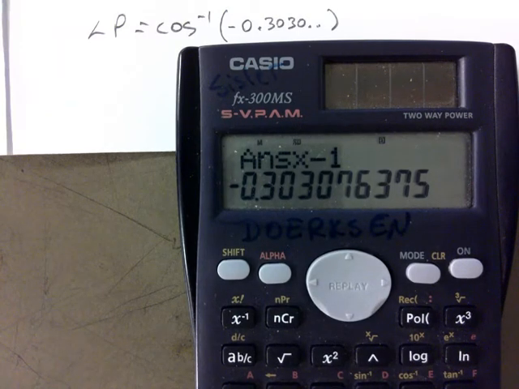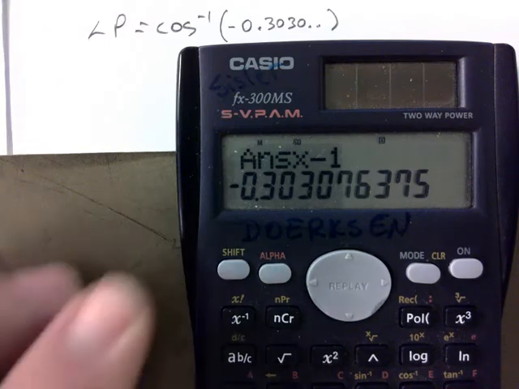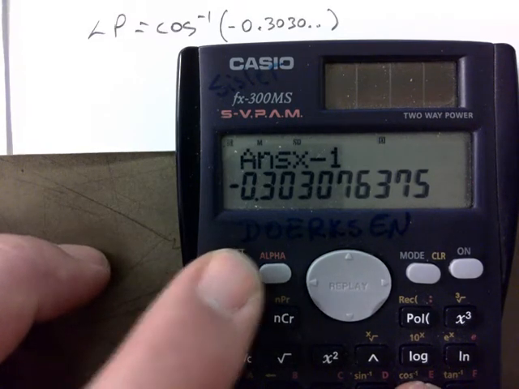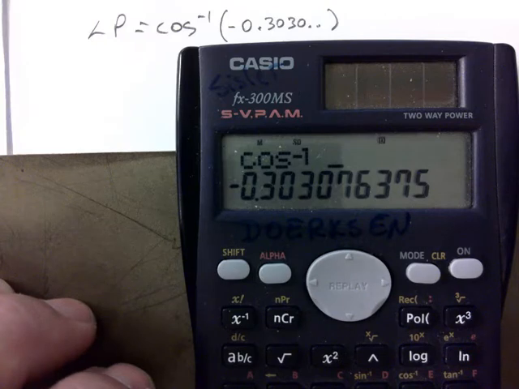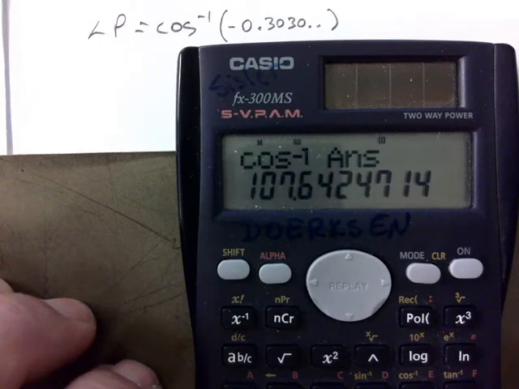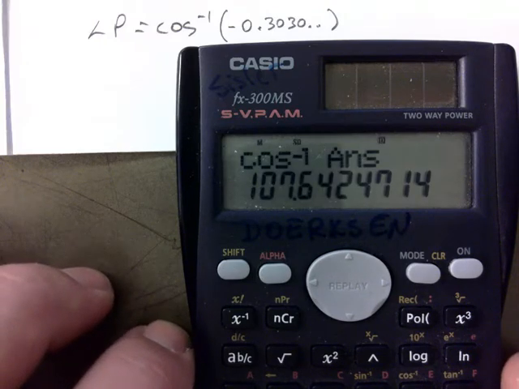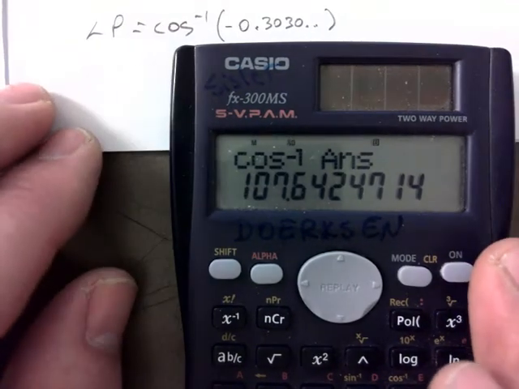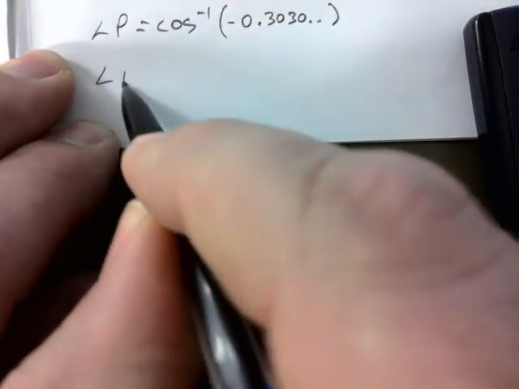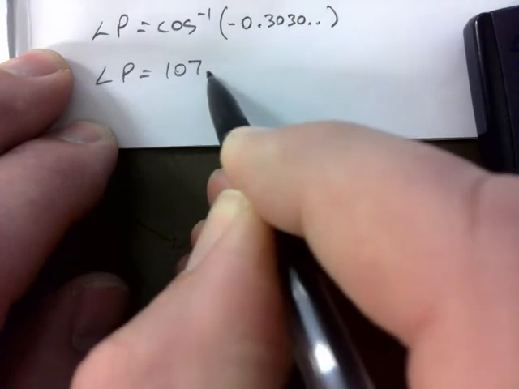You just press it and the negative will immediately appear. So now I got to go shift cosine of that negative, and it gives me 107.64.